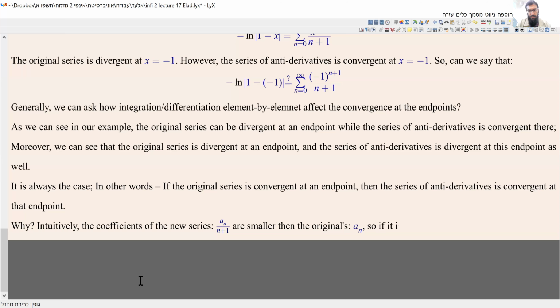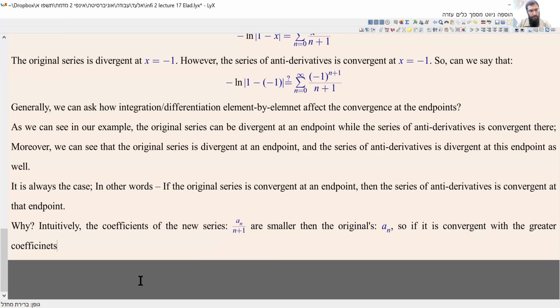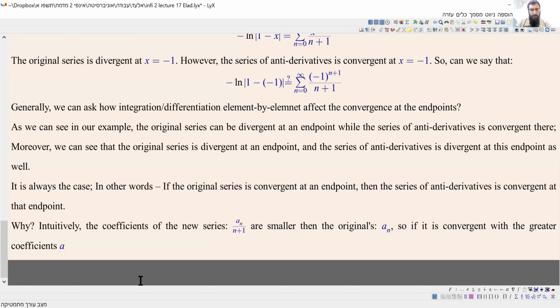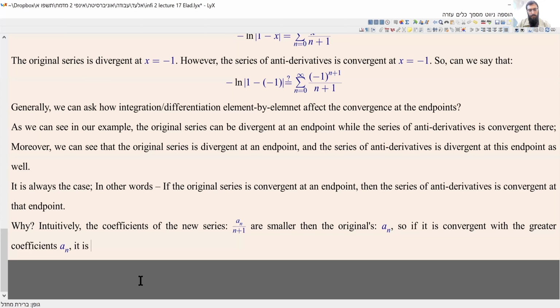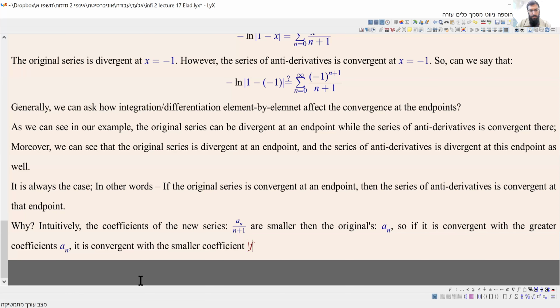So if it is convergent with the greater coefficients, then it is convergent with the smaller coefficients, a_n over n plus 1.